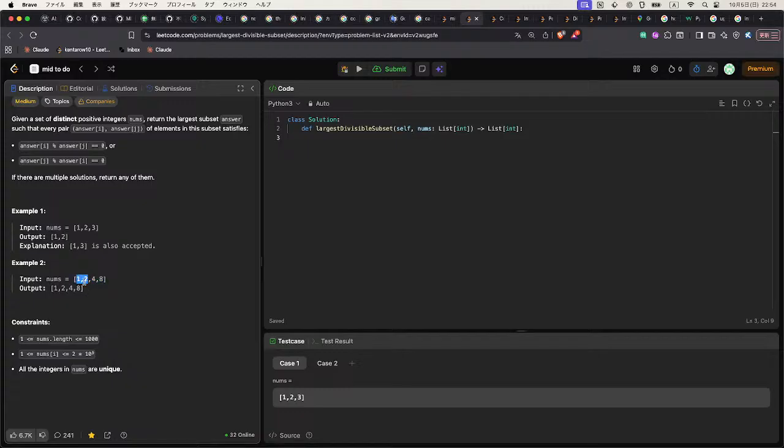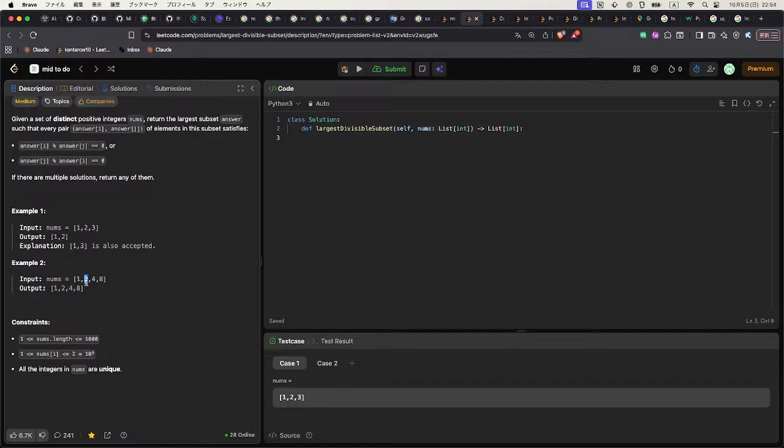The 2 is divisible by 1, so we can use this subset 1 and 2. And when we solve this problem for 4, we check 2. We just check for 2, right?